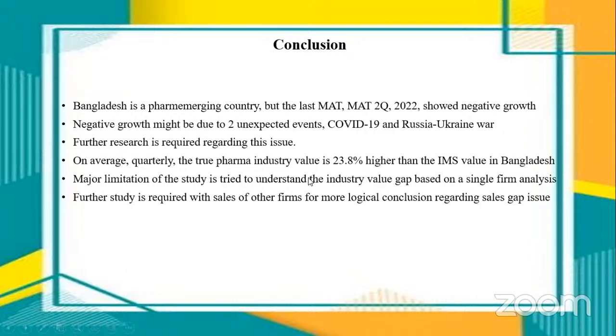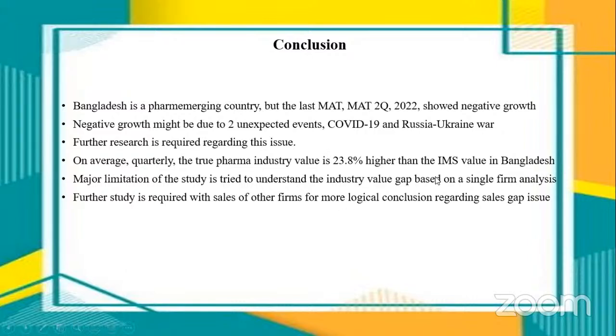And on an average quarterly, the actual sales value of the industry is 23.8% higher than the IMS sales value. The major limitation of this study is that it considers only one firm, Advanced Chemical Industry, ACI, which contributes 3 to 4% of the industry.